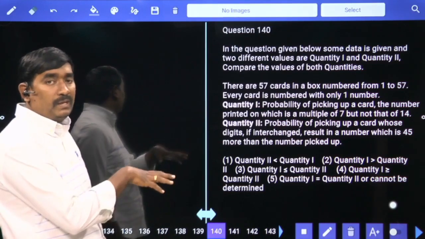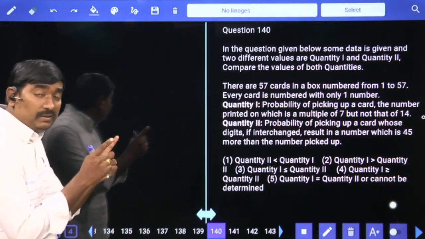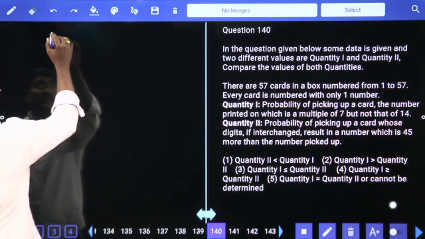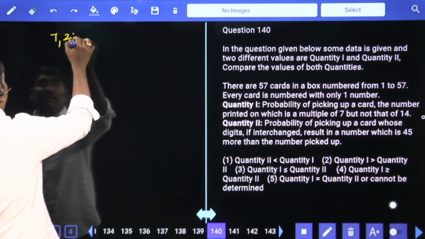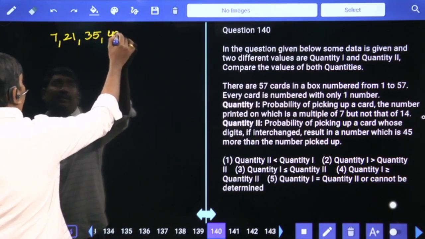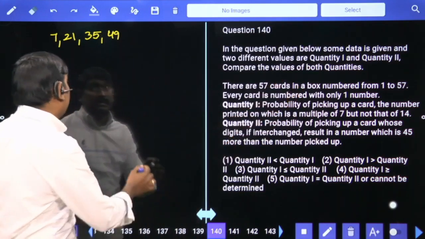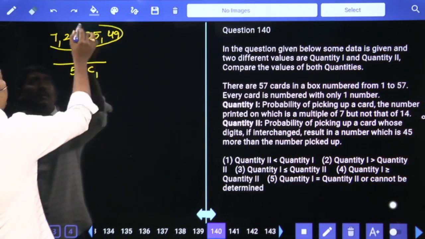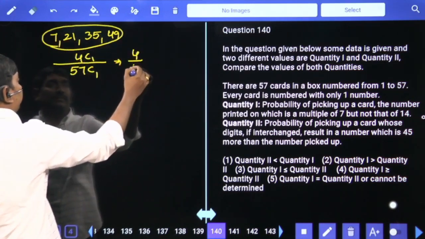It is only a 7 multiple, not a 14 multiple, which means we need to take only odd multiples of 7, not the even multiples. 7 ones are 7, 7 twos are 14 we won't take, 7 threes are 21, 7 fives are 35, 7 sevens are 49, 7 nines are 63, but I have only 57 cards. Out of 57 cards, one card we draw that is an odd multiple of 7 means only 4 cards. 4 by 57.